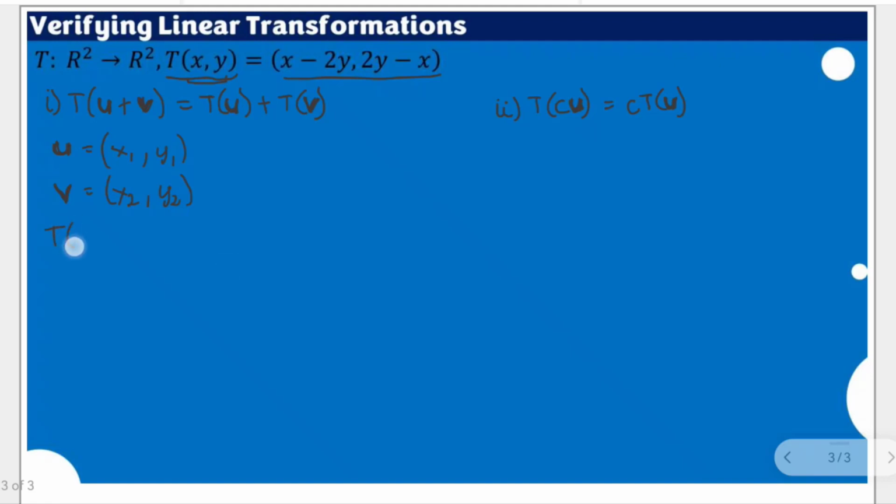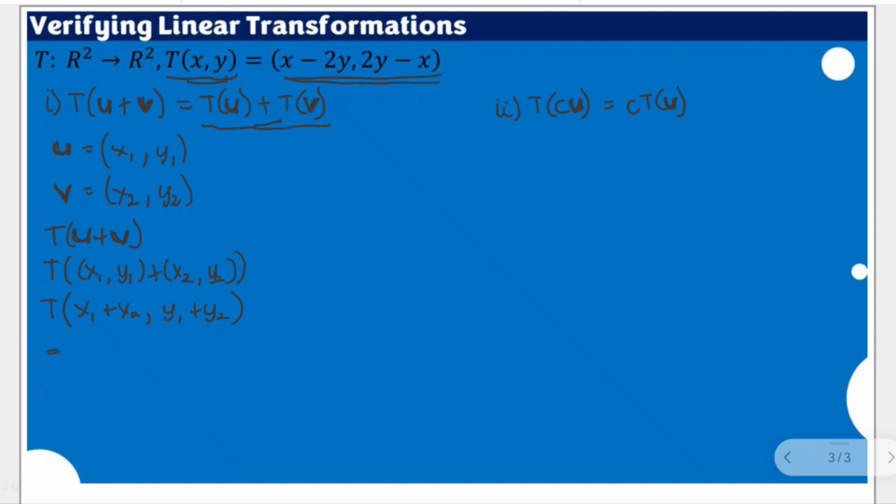The transformation of the sum of the two vectors must become the sum of the transformations of the two vectors. Let's substitute the components of each vector: x sub 1, y sub 1 plus x sub 2, y sub 2. Before we apply the transformation, let's add the two vectors. You have x sub 1 plus x sub 2, y sub 1 plus y sub 2. Once we are done with this, let's use the transformation as defined.